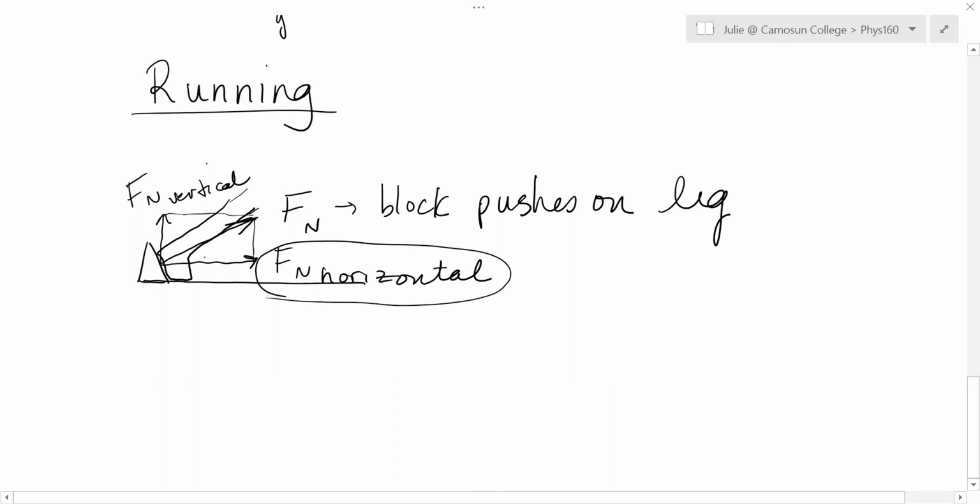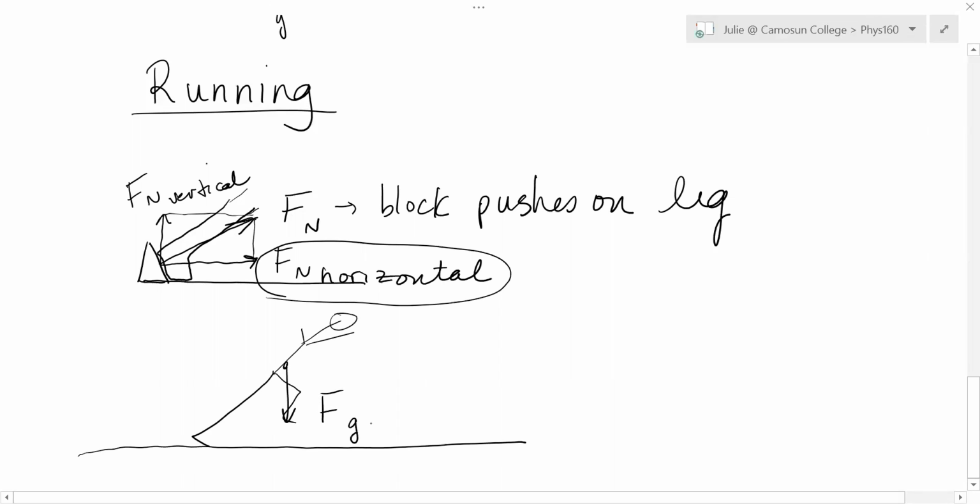Now let's assume you're running along, and you're still leaning quite far forward here. What are the forces on your body? You always have the force of gravity coming out of your center of mass. So that's there. And now you're running along, you don't have the block, so the force due to the ground is vertical.